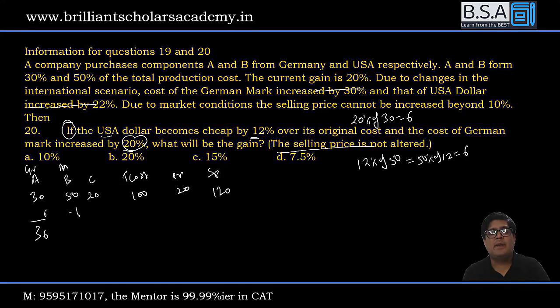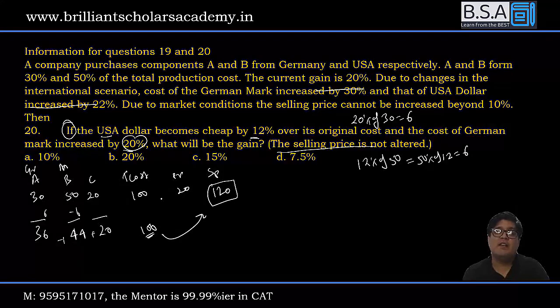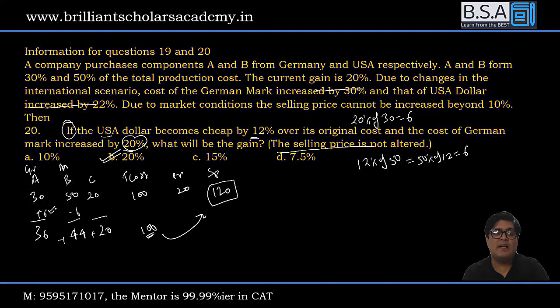तो ये 6 रुपए से कम हो गया, 44, और इसमें कोई change नहीं है. तो do you see the addition of these numbers is again 100. You did not change selling price. Cost price is 100. What is your gain? कितना कमाया आपने? 20%. जितना यहाँ पर increase हुआ, increase in German mark, उतना decrease भी हो गया ना.